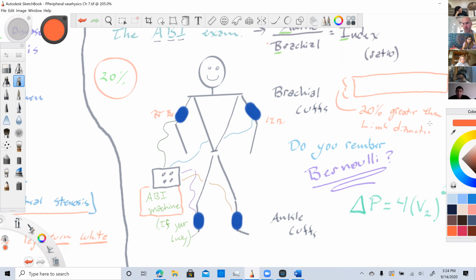So on this person's limb, if you were to put it up next to their bicep, their actual bicep should be about that big, maybe just slightly smaller. There's your 20% greater than. Okay, I just wanted to mention that.